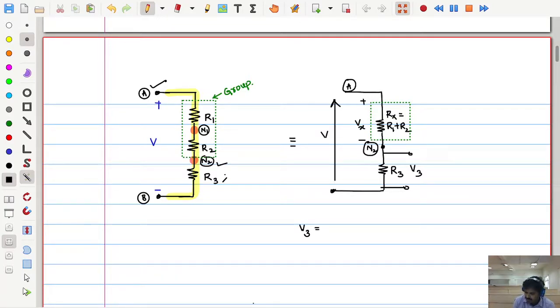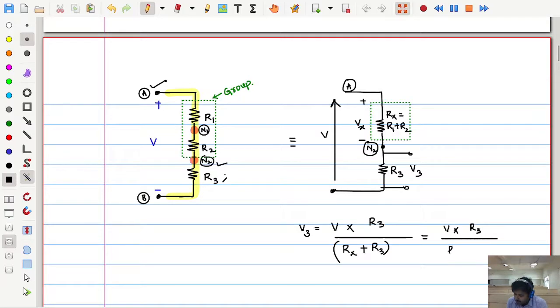How much he will get is the total available into his strength R3 divided by combinedly you and your brother's strength, that is Rx, plus your cousin's strength. This is the voltage division principle. Now you can expand this Rx as V into R3 divided by R1 plus R2 plus R3.